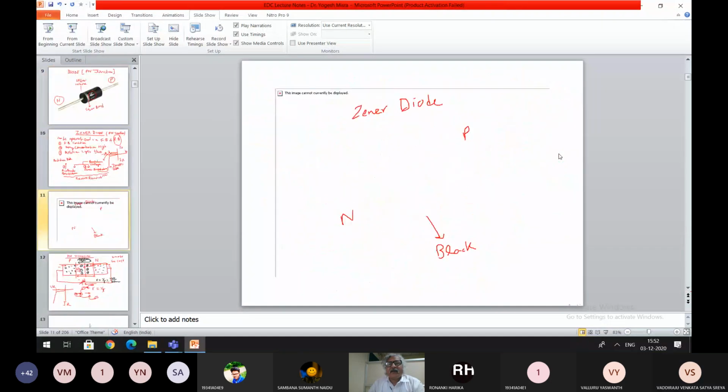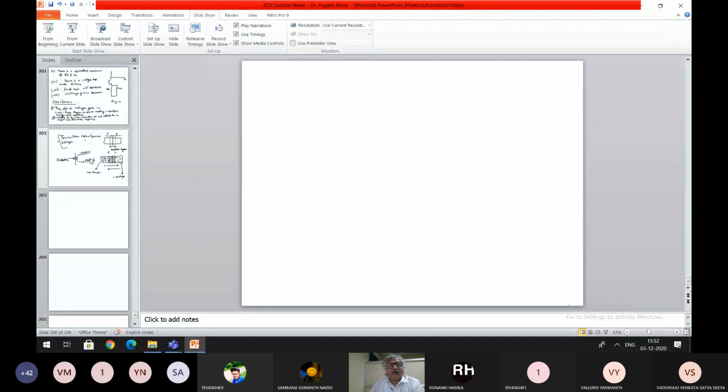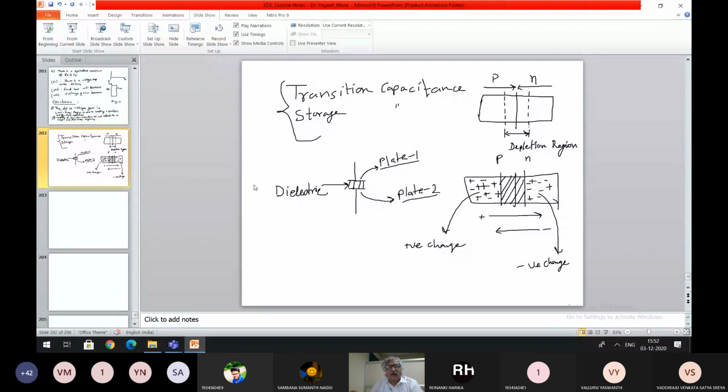Yes, sir. Okay. So those capacitances are there. If you see a transistor, the structure of a transistor is like this: N, P, N. Here you will find one depletion region, and at this junction you will find another depletion region.